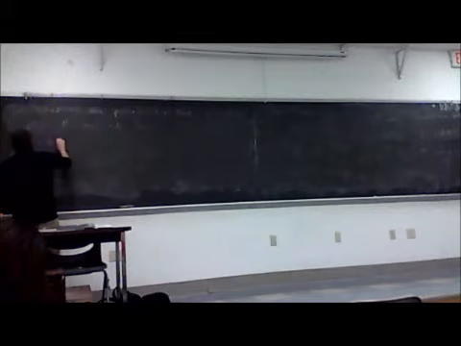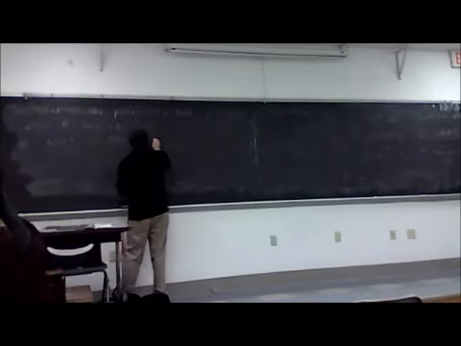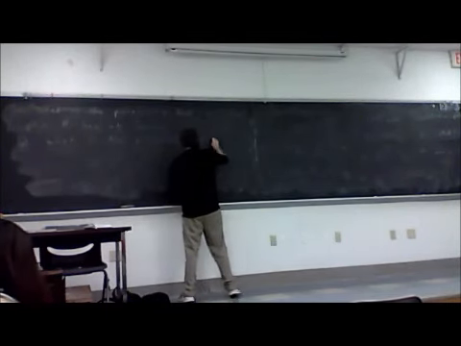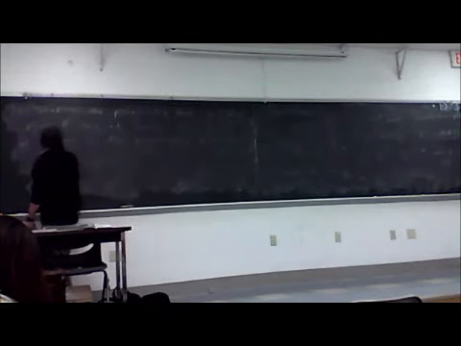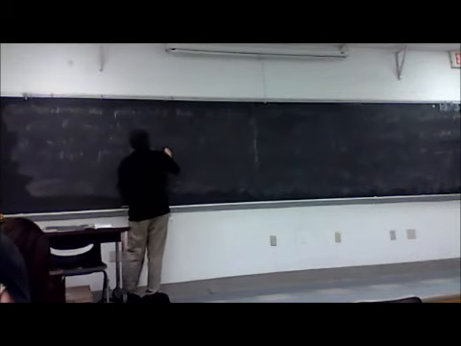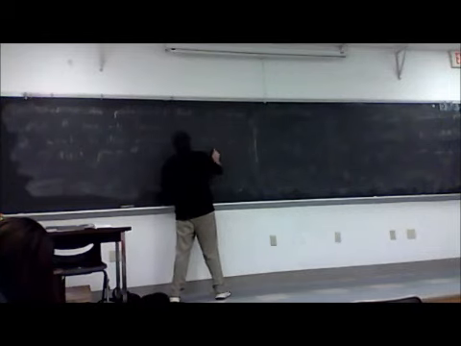And for B, I want to know what is the probability that a 7-digit phone number has at least 1 7.